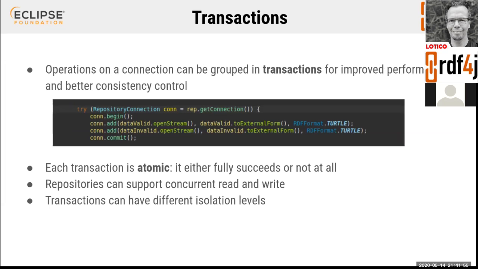So typically how you work with this is you open a connection on your repository, you begin a transaction, and then you do one or more operations and you commit. And if something goes wrong, everything is rolled back, and if nothing goes wrong, everything is committed at once. RDF4J repositories support concurrent read and write. These transactions can have different isolation levels, and this is all fairly straightforward.